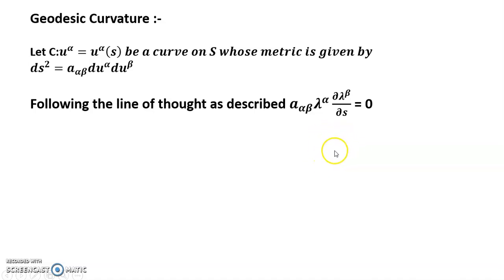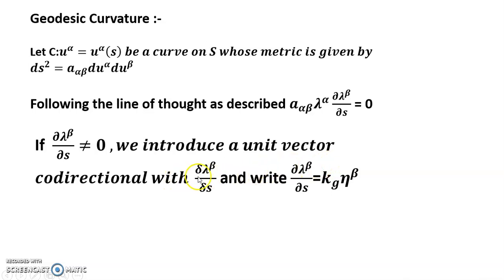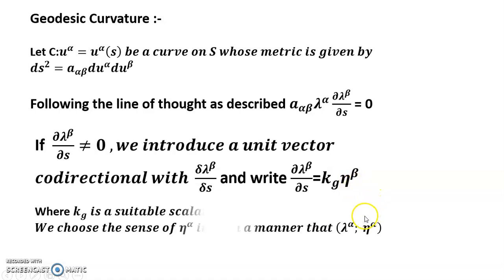Okay, this is the Einstein summation convention I have already told you about in my differential geometry class. So if ∂λ^β/∂s does not equal 0, we introduce a unit vector η^β co-directional with ∂λ^β/∂s and write ∂λ^β/∂s = k_g η^β, where k_g is a suitable scalar.